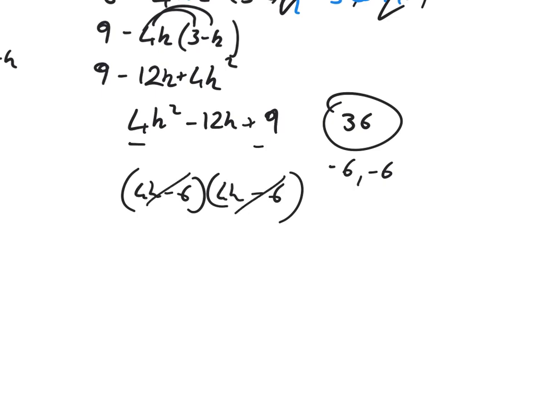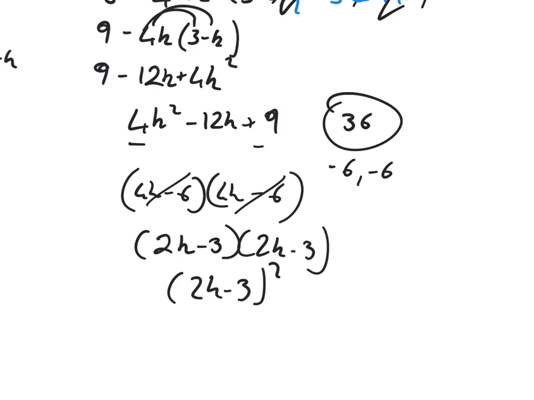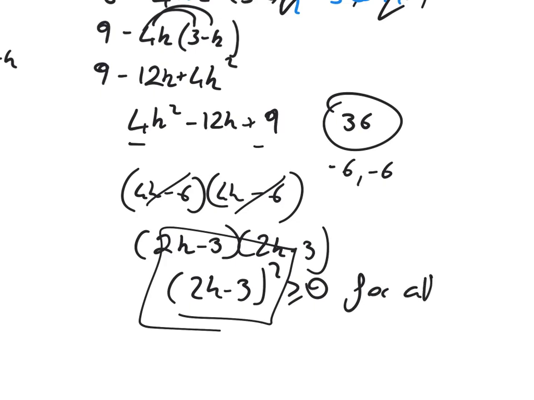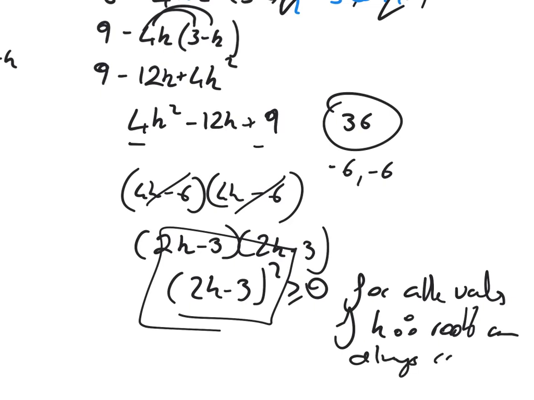Both can be factorised further by taking out a common factor of 2, and that will be (2k minus 3)(2k minus 3), which can be written as a squared bracket. Therefore, the discriminant can be packaged up as something squared that's greater than or equal to 0 for all values of k. Therefore, roots are always real.